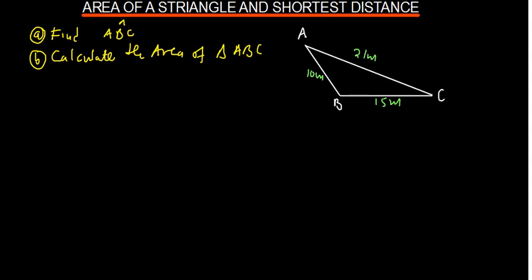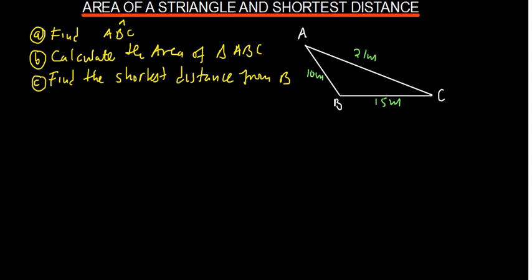And then the next one, find the shortest distance from B to AC. Okay, these are the questions that we have. So let's start with the first one.